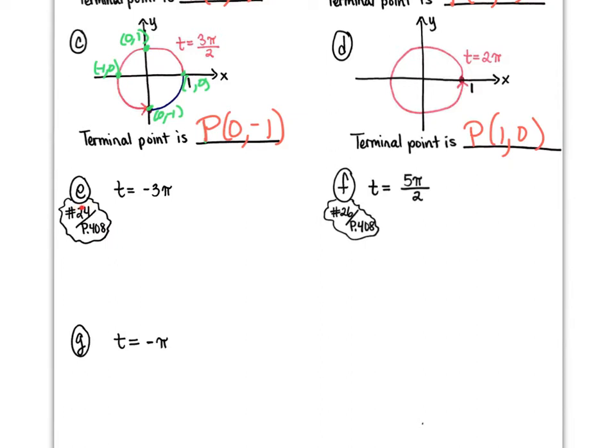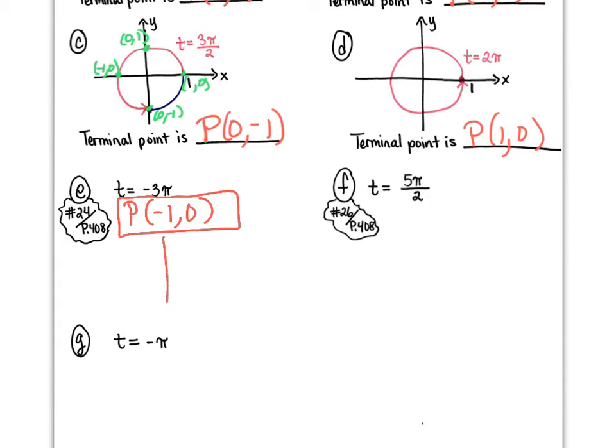For E, someone who has not answered today, what's the terminal point for t equals negative 3 pi? Go ahead. Negative 1, 0. Good. Did you draw it? Yeah. Okay, so P of (negative 1, 0) is the correct answer.